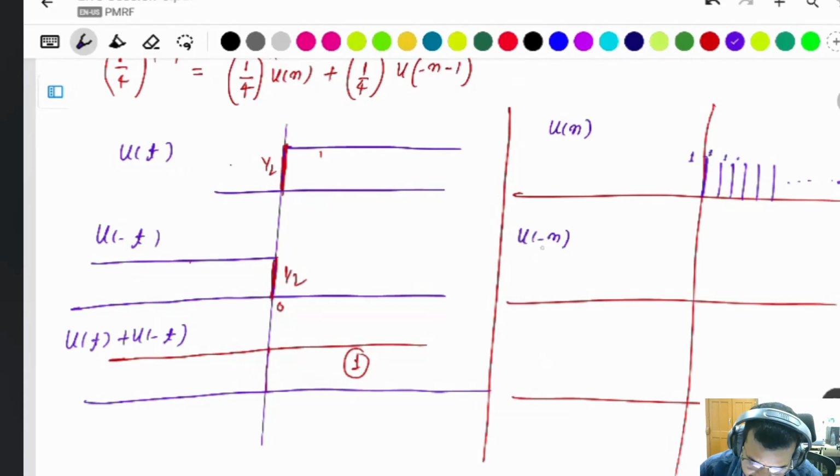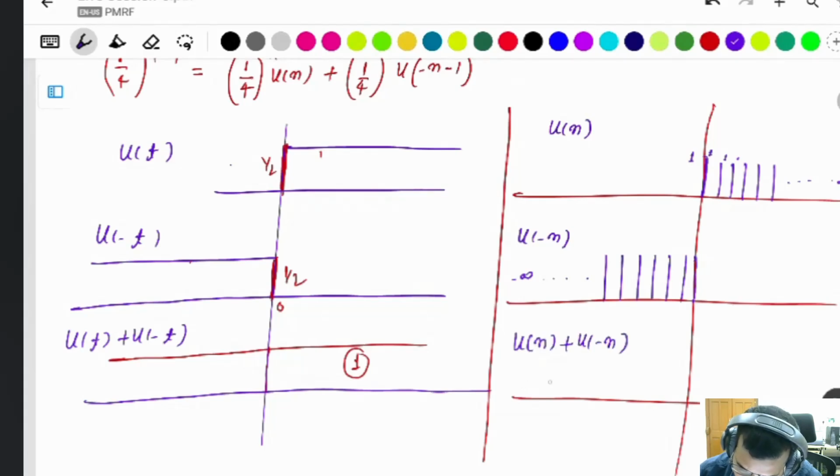Then u of minus n is written as like that, to minus infinity. If you add u of n plus u of minus n, in this case it will be 1 and 1, but at 0 the value we have added directly, so it will be 2. Then it can't be said that u of n plus u of minus n is equal to 1.